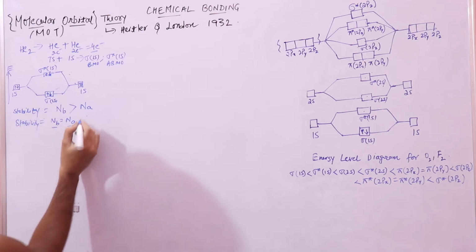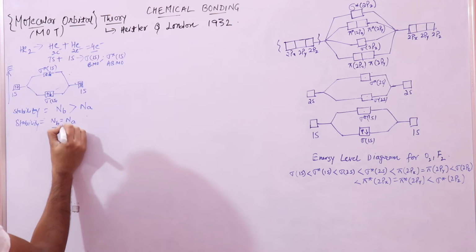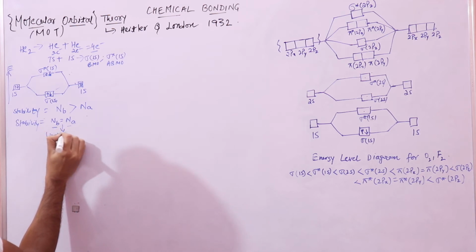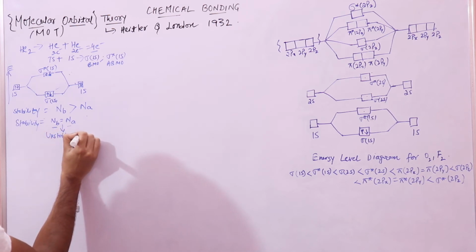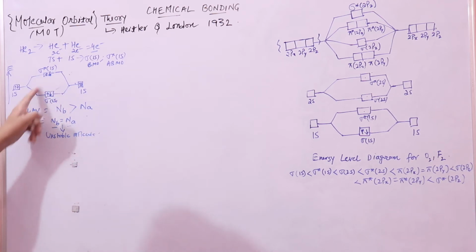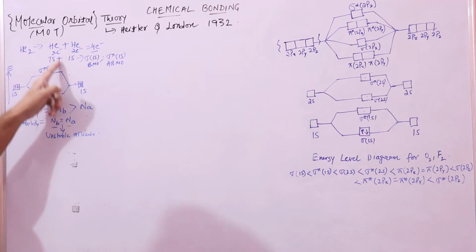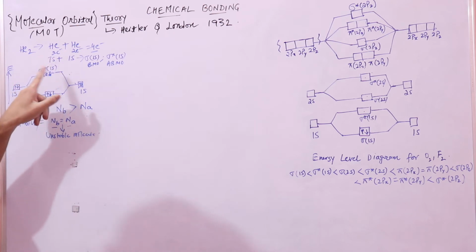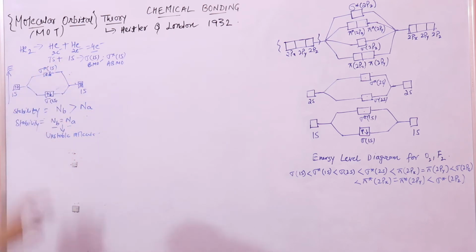So what you have is an unstable molecule. The effect of bonding electrons would be nullified by the presence of electrons in the anti-bonding orbital. That is why this molecule is unstable.